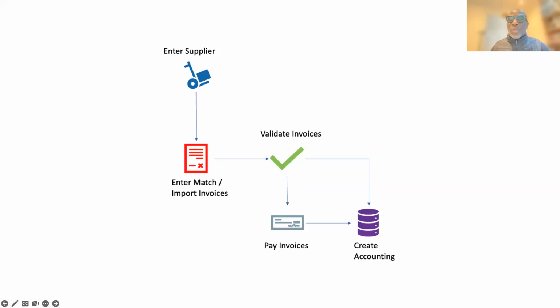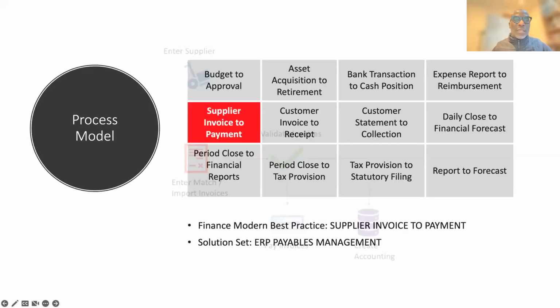And when we now look at where this payables process fits in within the scale of what is called the modern business best practice, these are recommended best practices by Oracle, and supplier invoice to payment is one of the core flows that you have within the solution set. So Oracle calls it the modern best practice, and the flow is supplier invoice to payment, and it is within a solution set called payables management.